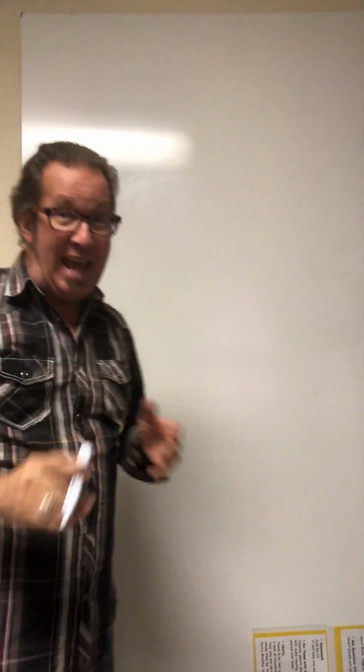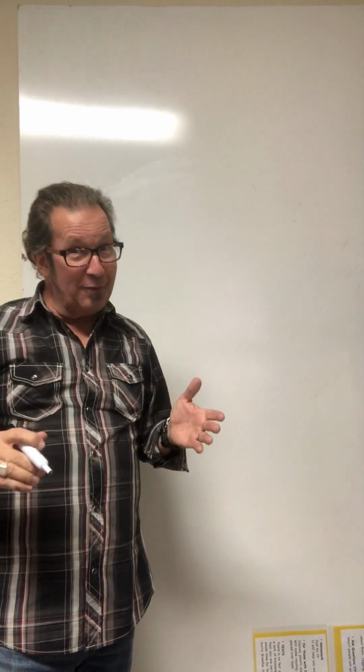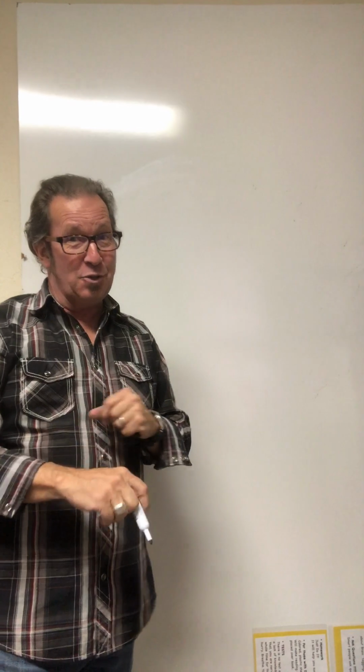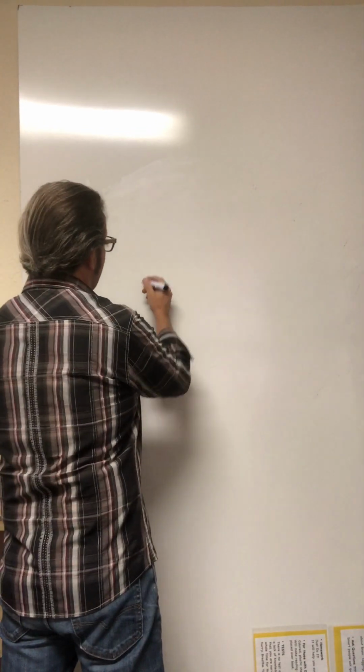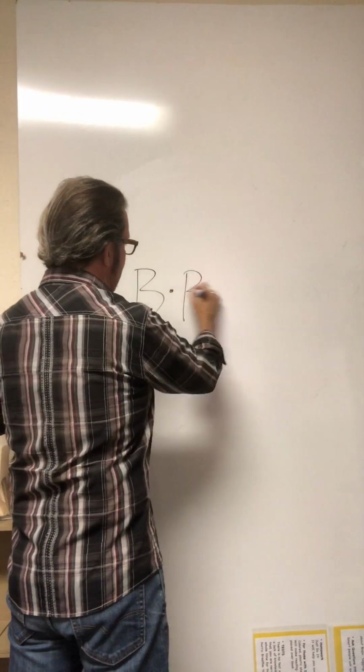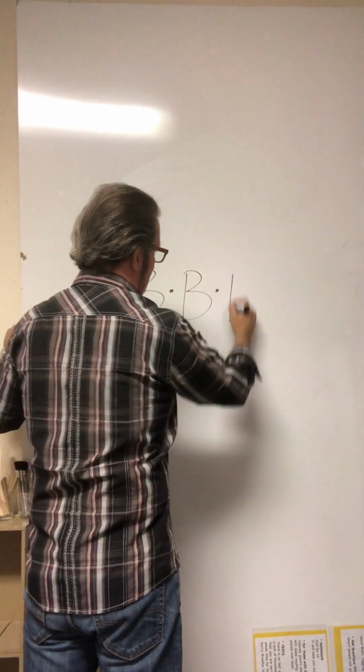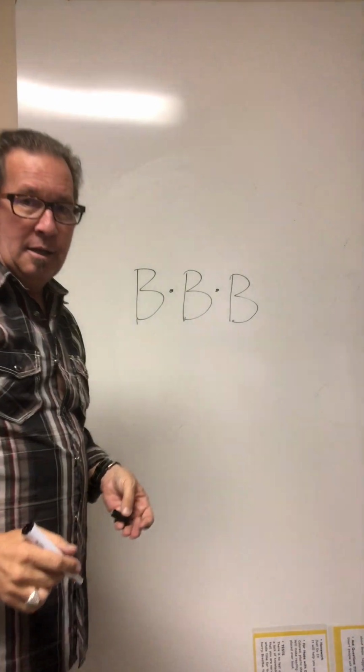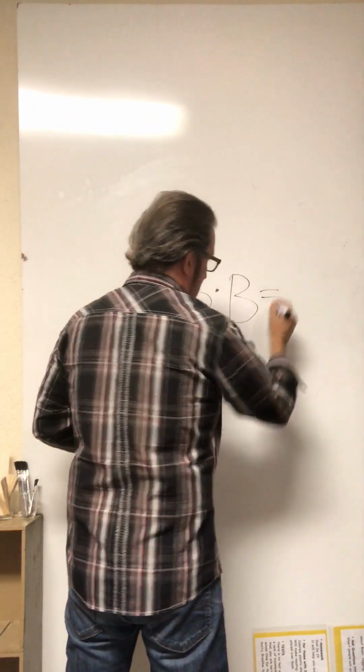Okay, so there we are. So now, what about if it's variables? That's a different story. So if we have b times b times b, what does that equal?